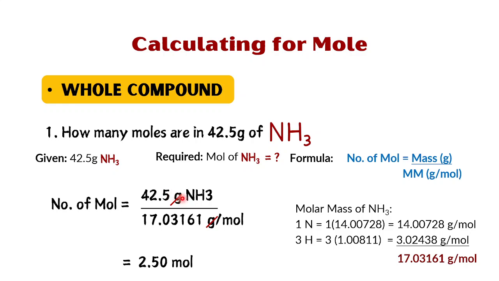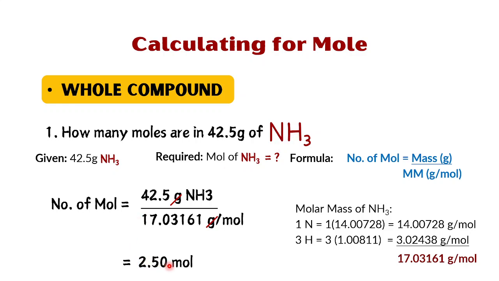So, if we cancel out this gram here, the remaining unit is mole. So, in other words, there are 2.50 mole of ammonia in 42.5 grams of ammonia. So this is our answer.